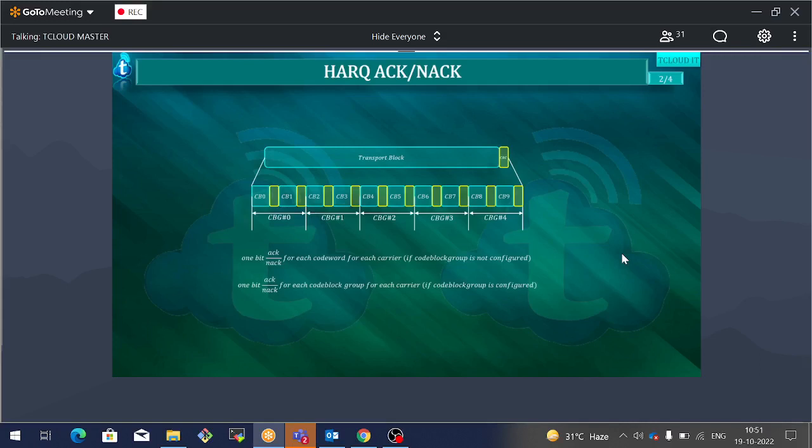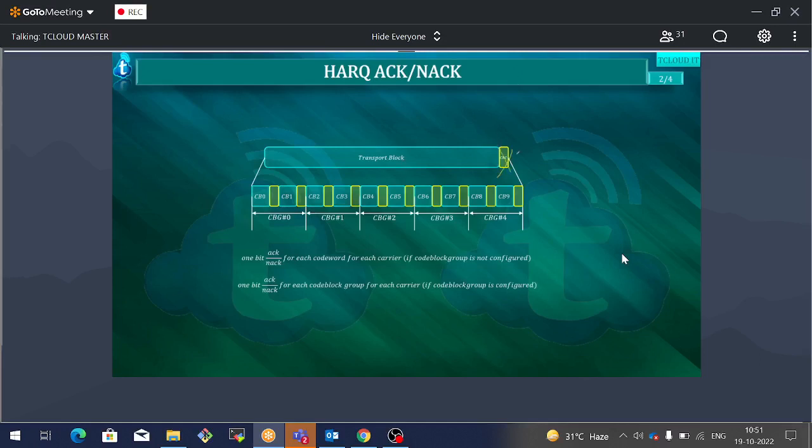What is the advantage of reporting block level CRC, say ACK/NACK? If you report that one particular block of data is failed or corrupted with the help of those CRCs, you detected that. There are 2 CRCs that are failed. Block level CRC failed.